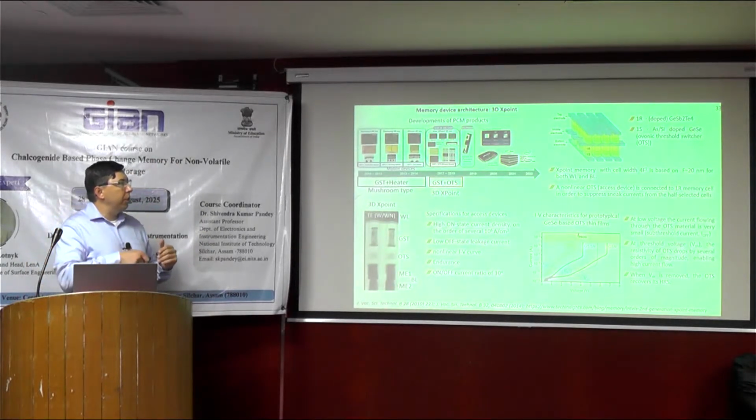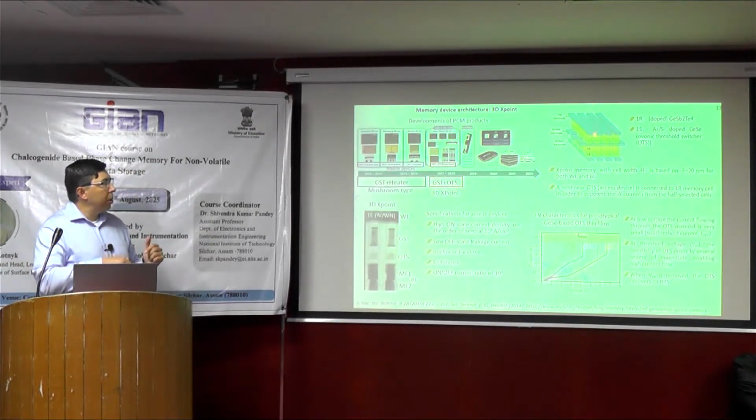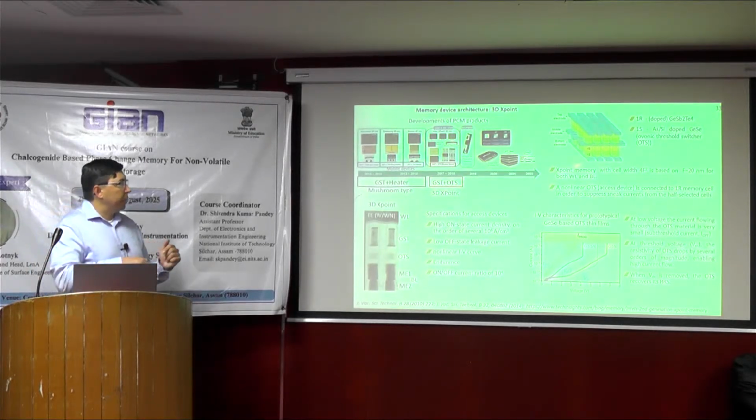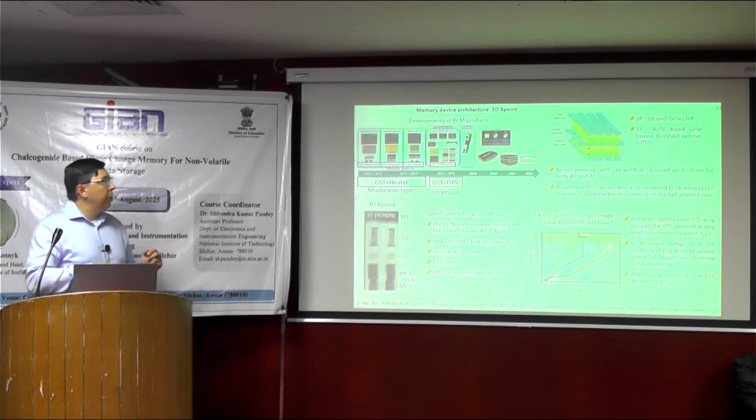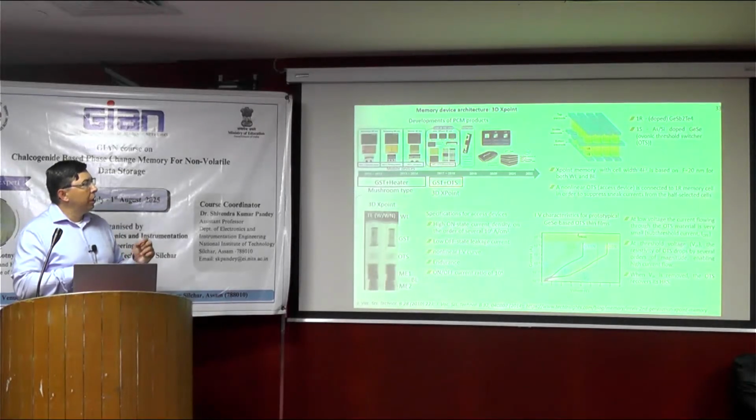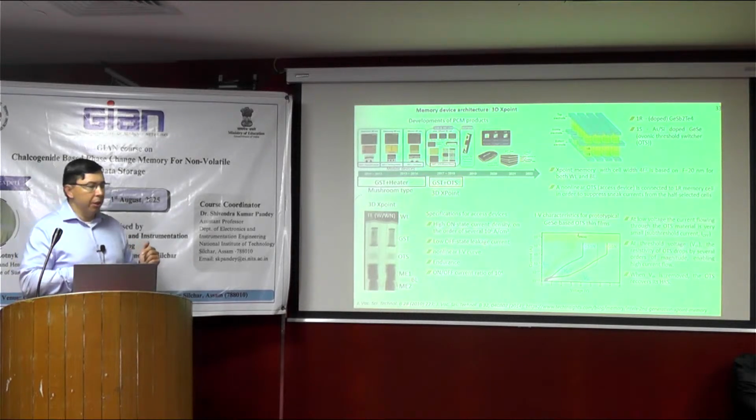So here we see one 3D XPoint with two cells. Here is one row, and this is the second row, the small cells. This is like one resistor, one selector. And here we don't have the heater. In this scheme, we have a selector which selects the state of our GST cell.